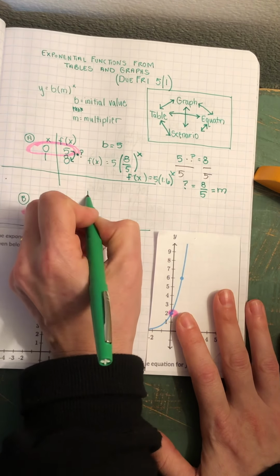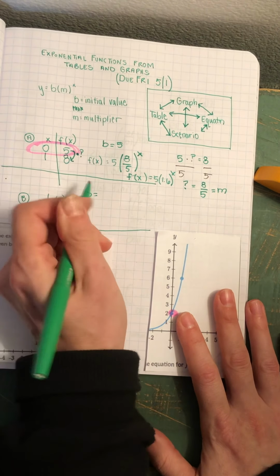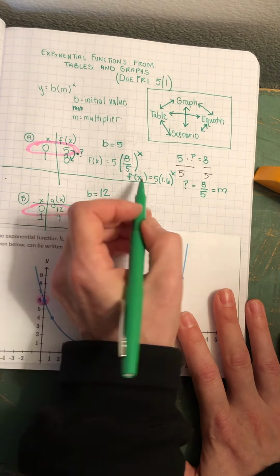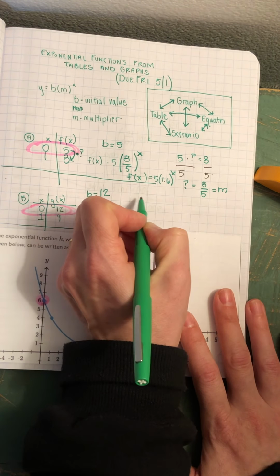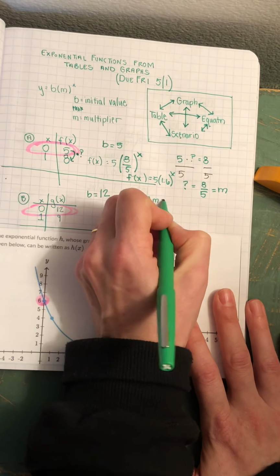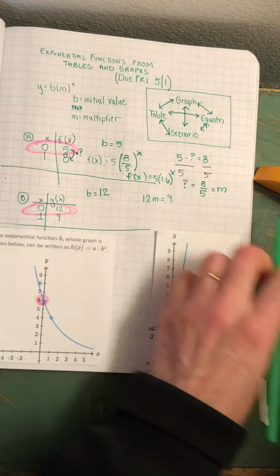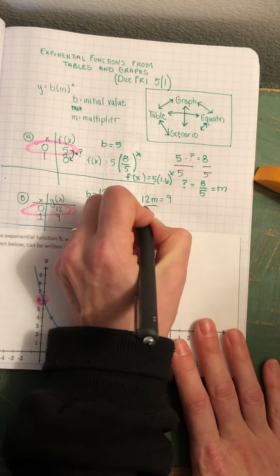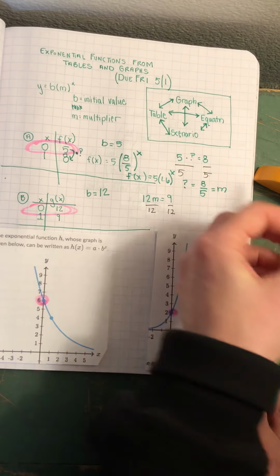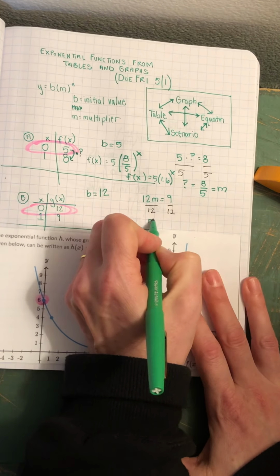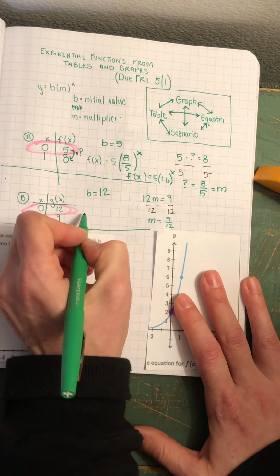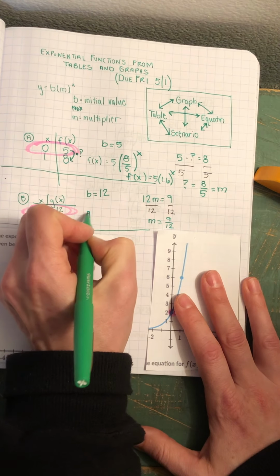Okay, let's do this one. B is always my initial value, which is 12 at 0. And then I've got this one right here. So if 12 times M is going to give me 9, to undo and solve for M, I divide both sides by 12. Ladies and gentlemen, let's see, g of x for this one.